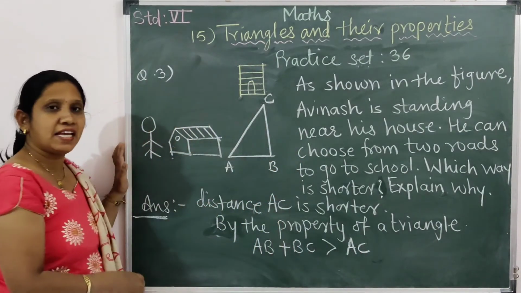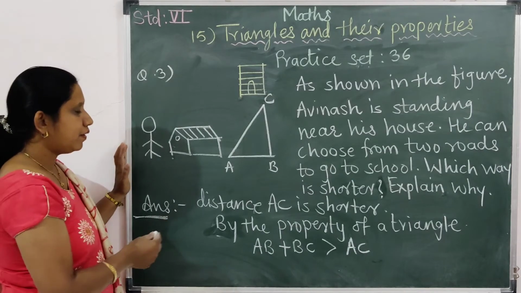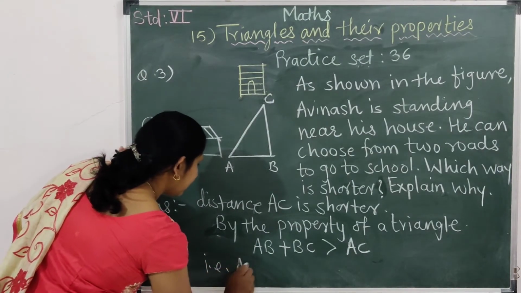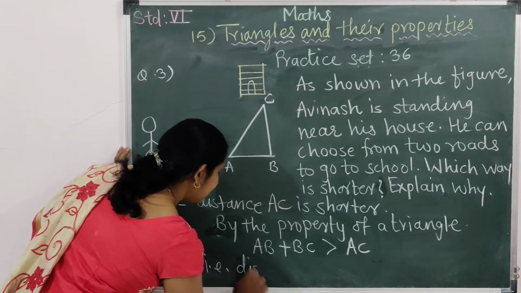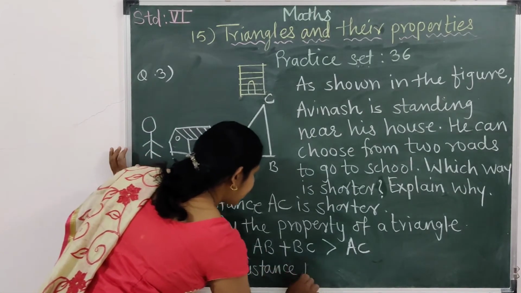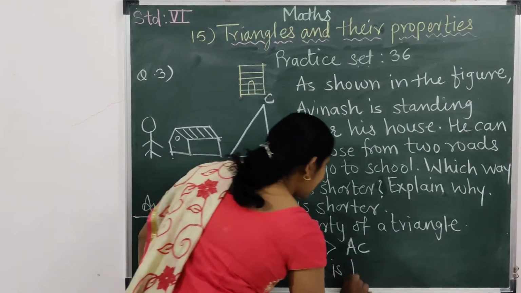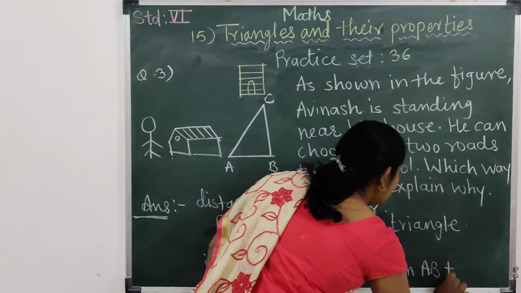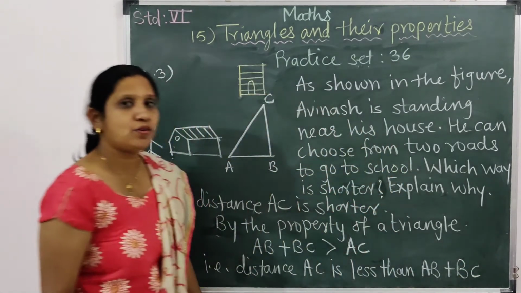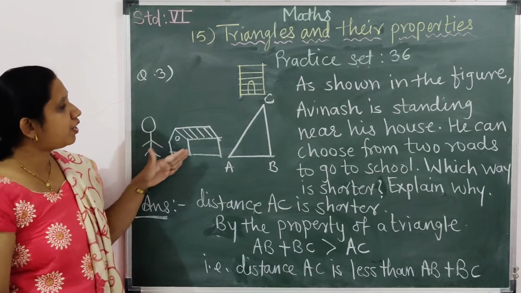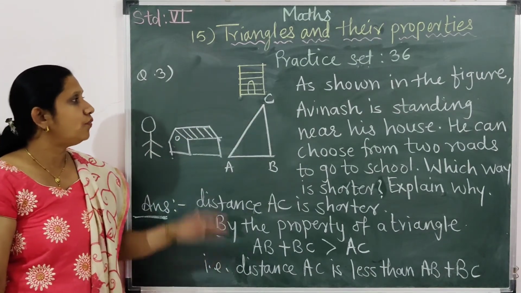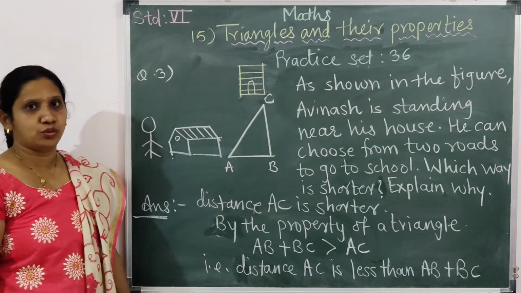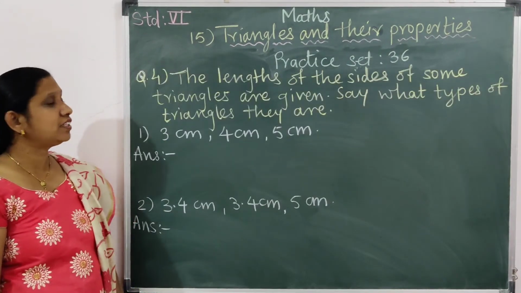It means AC is less than AB plus BC. That is, distance AC is less than AB plus BC. So by using this property, if Avinash uses this road AC, it will be the shorter distance to reach the school.